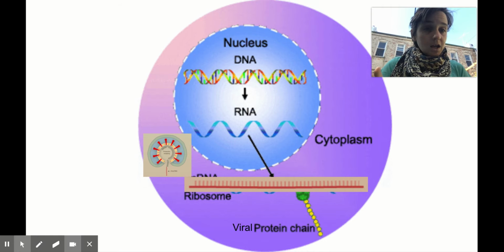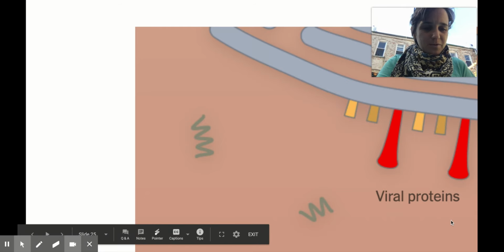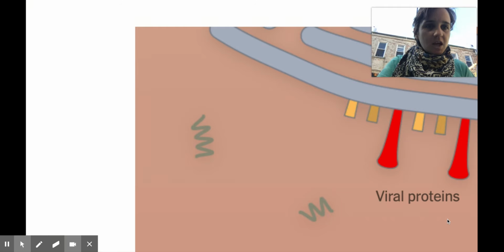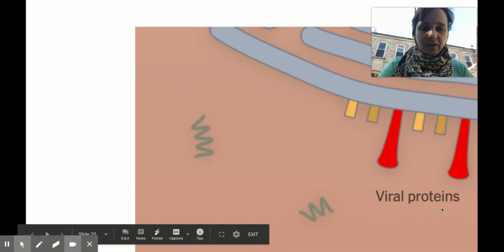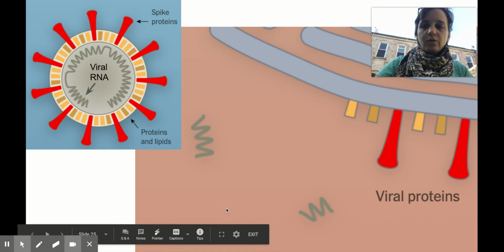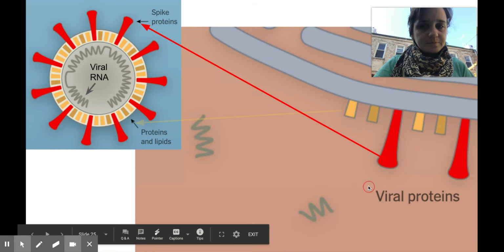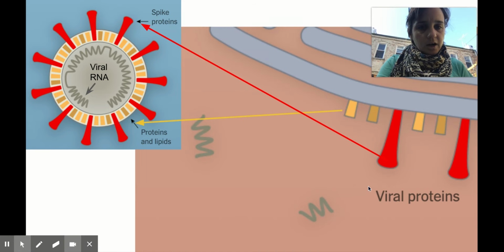Okay, so this part I didn't ask you to look at, but here you might have noticed there's viral proteins in the article. So what is the point of these viral proteins? Well, if I look at the structure of my whole virus, I can see the different parts, right? So this red protein that my ribosome built is going to become a spike protein. These yellow items here are going to become my lipids and protein layer around the outside.